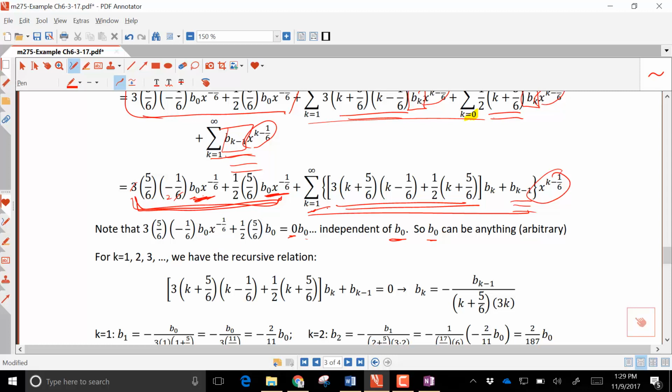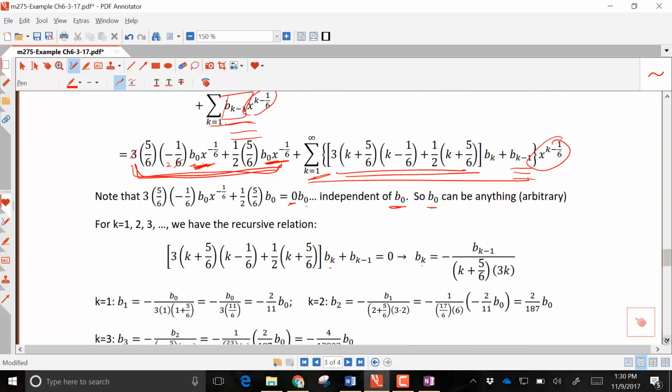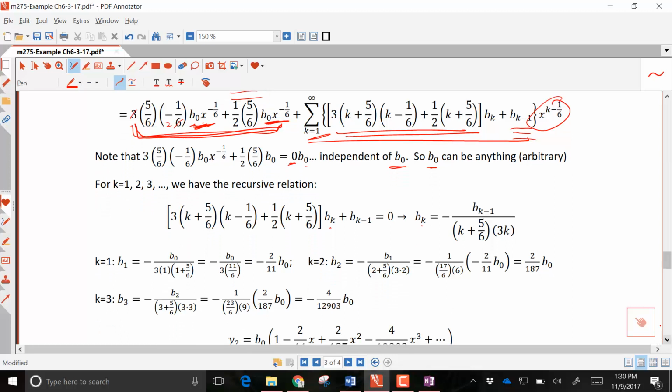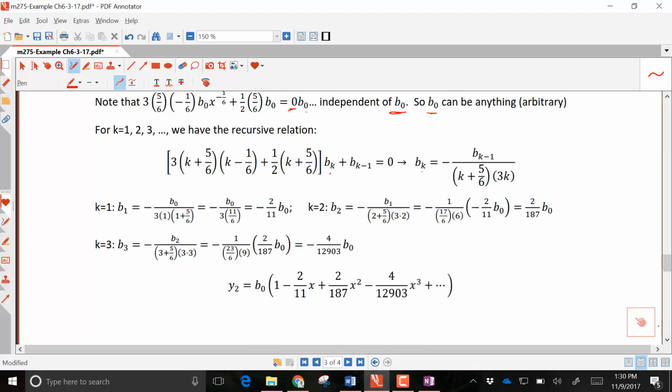Now, for the rest of them, k goes from 1 to infinity. We're going to try to find the recursive relationship. And here we can solve for b sub k as something with a b sub k minus 1. And if we do that, we'll start with k is equal to 1.